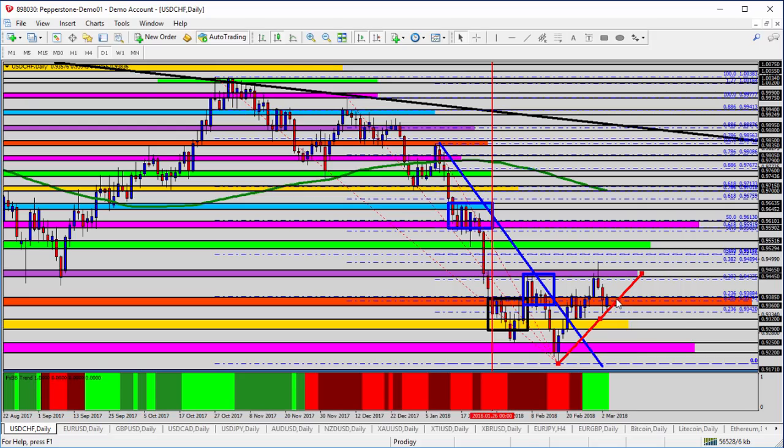What we need to look for is evidence that it's going to go up or evidence that it's going to go down. And I think this orange zone here at 93.60 to 93.85 is a significant decision zone for the dollar franc. You look back here where the vertical red line is, it found resistance, eventually broke underneath it, got above where the blue box is, sat on top of support, broke underneath it, went down, came back up just to the right of the blue trend line, congestion, resistance, resistance, and then broke out, went to the purple zone.